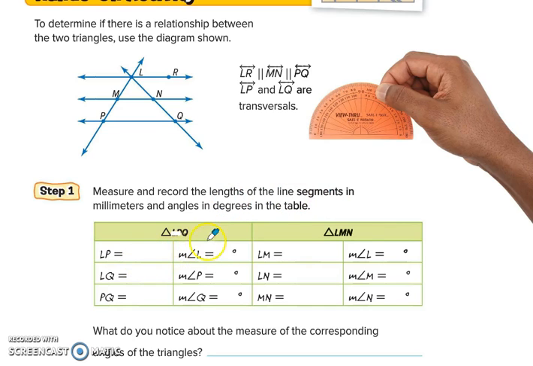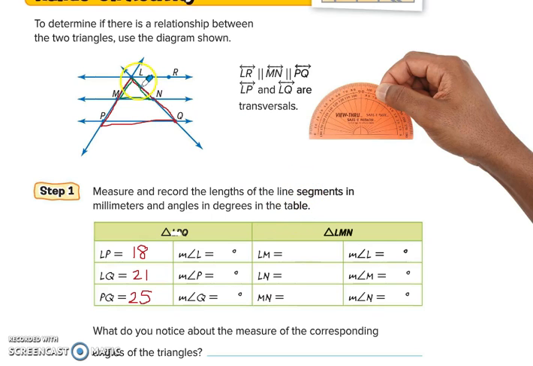The first triangle is triangle LPQ, the big triangle. Side LP is 18 millimeters, LQ is 21 millimeters, and PQ is 25 millimeters. The other triangle, LMN, the smaller one drawn inside, let's go through those segments.